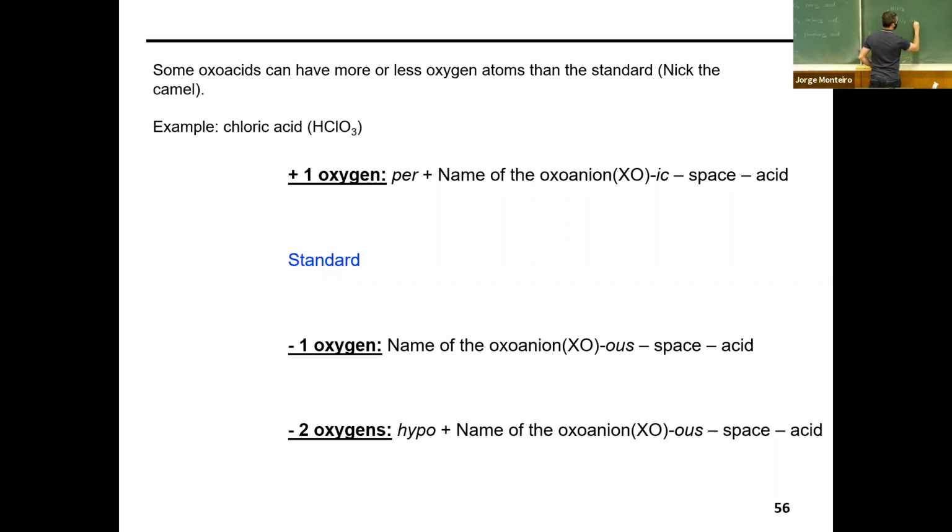So this was the chloric acid, adding one oxygen, this becomes perchloric acid. So that's the change that we are going to make.